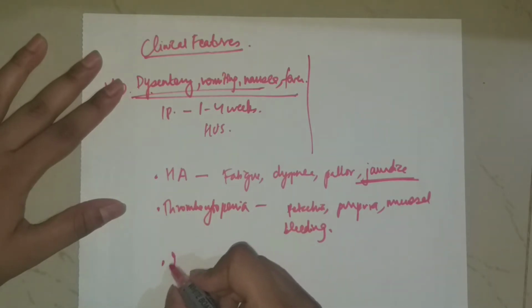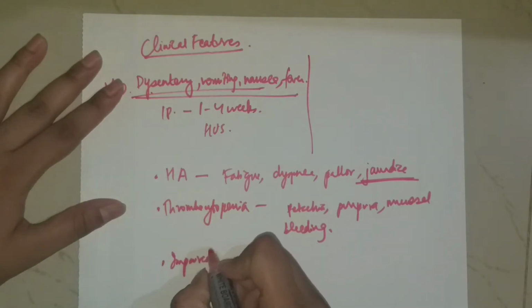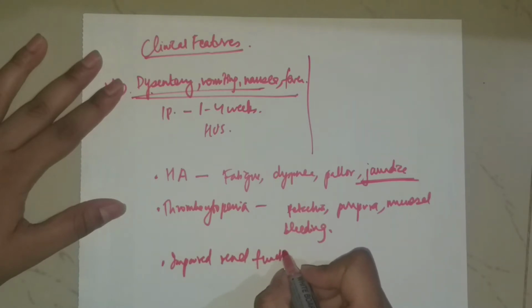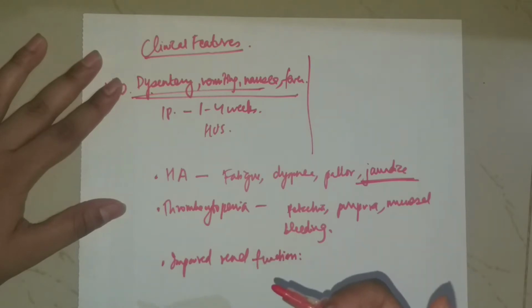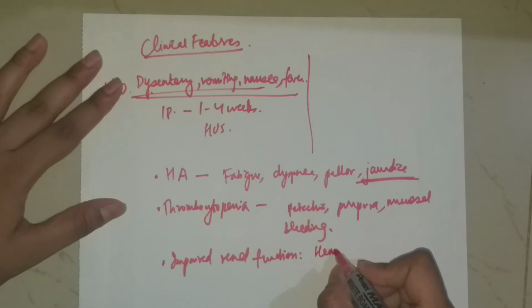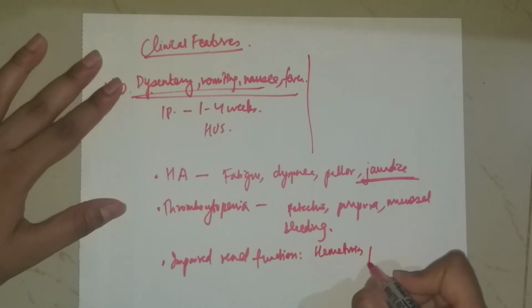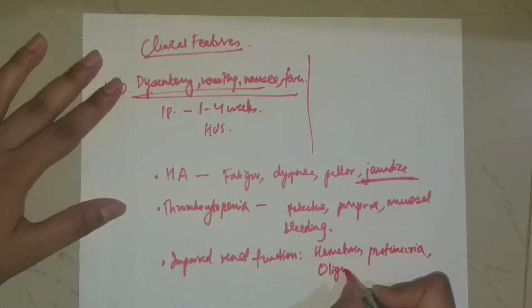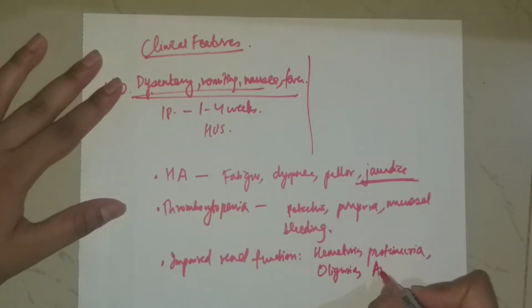And the last one, impaired renal function, since it mainly affects the kidney. First, impaired renal function, there might be hematuria, proteinuria found, oliguria, or anuria, depending on the severity.